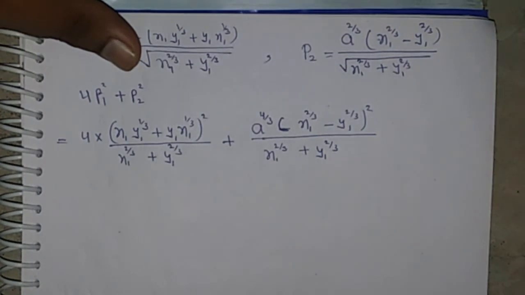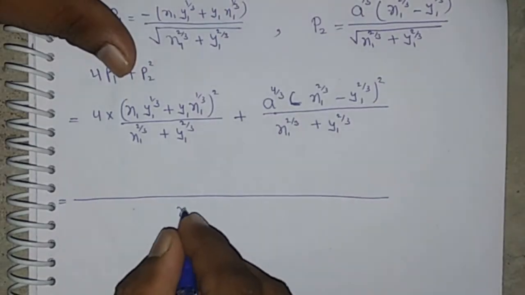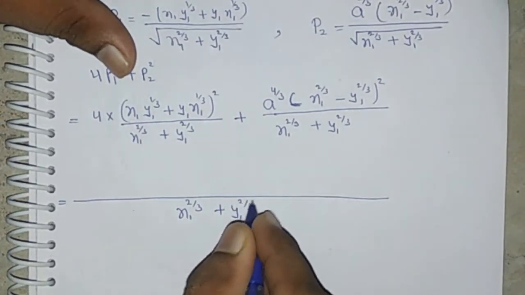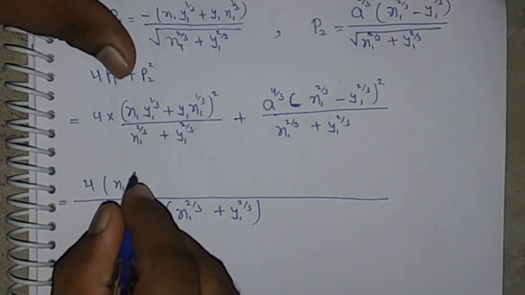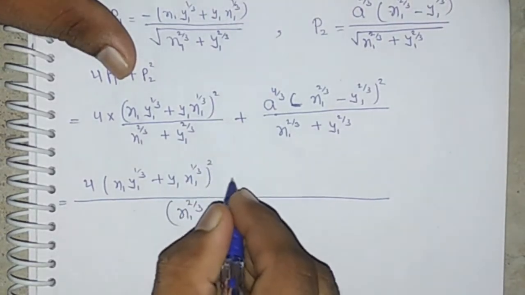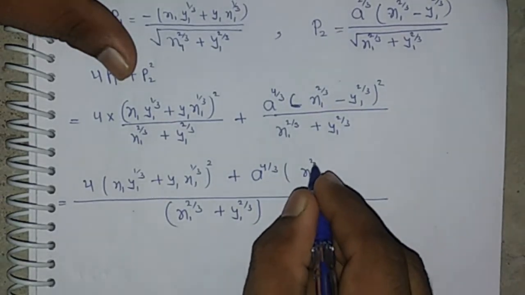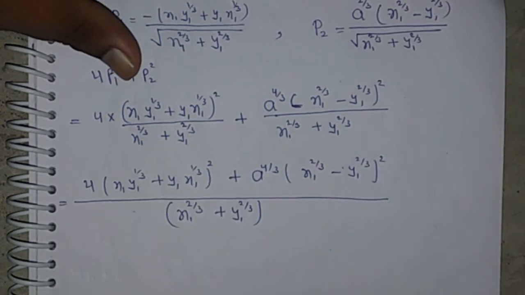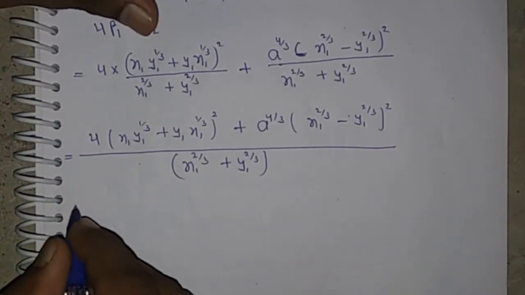Now take the LCM. We have 4 into x1 y1 to the power 1/3 plus y1 x1 to the power 1/3 square, plus a to the power 4/3 times x1 to the power 2/3 minus y1 to the power 2/3. Now take x1 to the power 1/3 and y1 to the power 1/3 common from the first term.